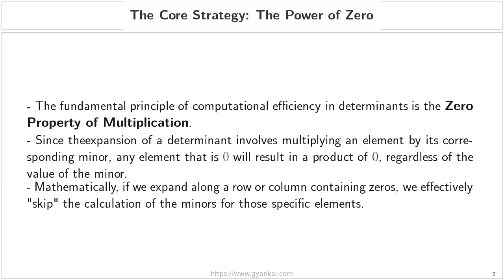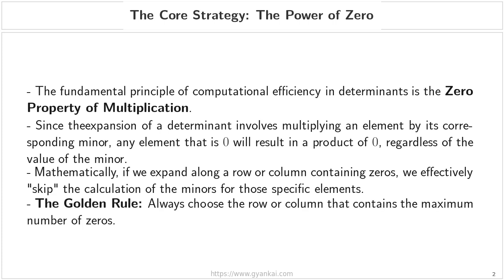You don't even need to calculate the minors for those specific elements, because you already know they won't contribute anything to the final sum. This leads us to what I call the golden rule of determinants. Always scan your matrix first and choose the row or column that contains the maximum number of zeros. By doing this, you'll see in the next slide exactly how this step-by-step process works in practice.